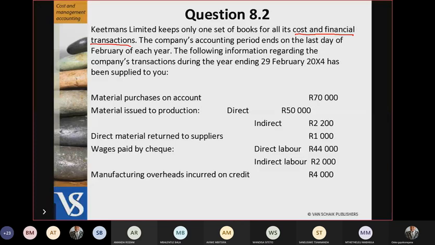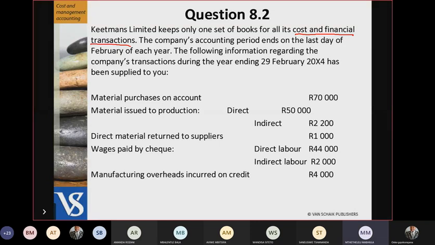They say manufacturing overheads incurred on credit. We've got 4,000 of the manufacturing overheads that we incurred on credit. So we know the accounts that are going to be involved: we've got the manufacturing overheads and what? Anyone who can tell us?